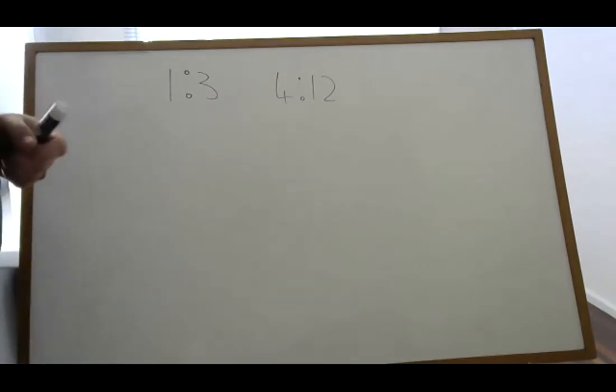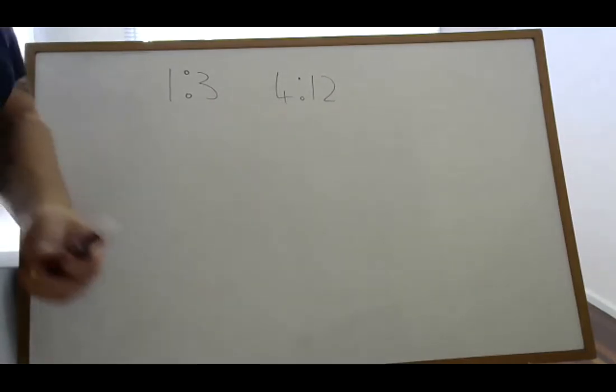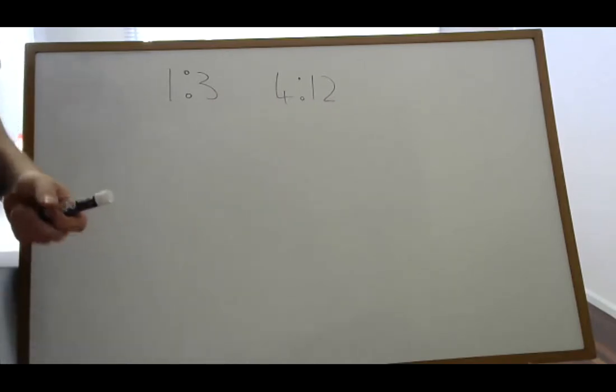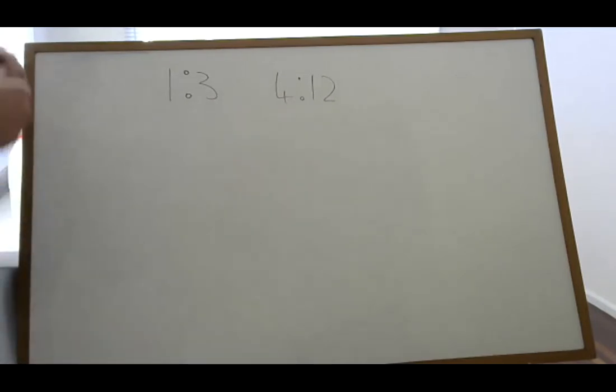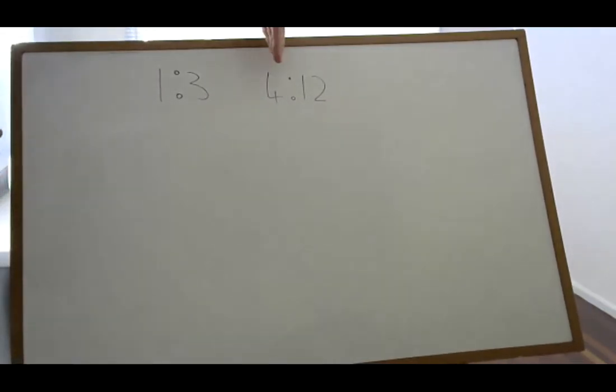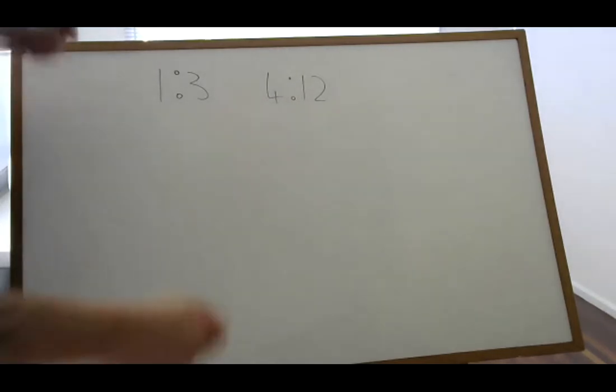Why are they equivalent, or how did we calculate that they were equivalent fractions? Exactly. So Harrison said, because when you multiply both the numbers here by 4, you get that. So they're equivalent. And then Ryan said, yeah, that. So he gets it right as well. Okay.